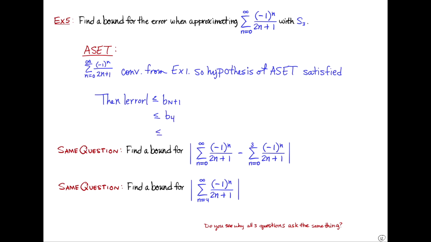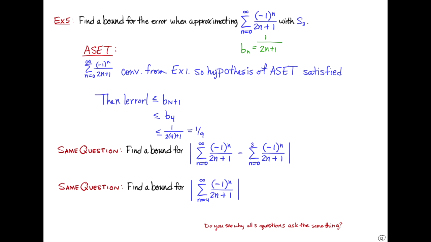Looking back at our series, we know that B sub n is 1 over 2n plus 1. So B sub 4 is 1 over 2 times 4 plus 1, which is 1/9. And that's all the work you have to show.